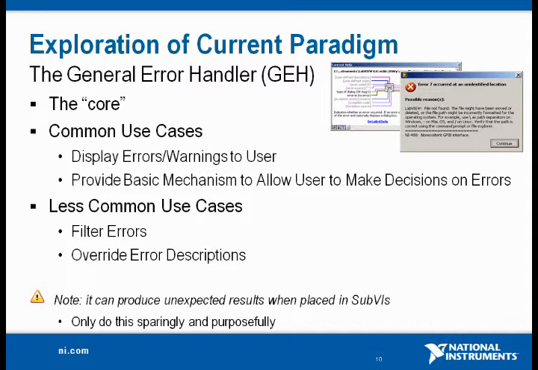It can produce unexpected results when placed in sub-VIs, so only do this sparingly and purposefully. An example of that: say you make a custom piece of hardware, or you have a reuse library that writes some data to disk, and you put down a general error handler in there because you want to be able to use it as its own unit. If you don't think about how it's going to be used, you can end up having negative effects further up the chain.